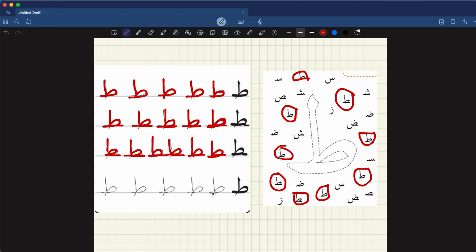At the end of the word, it's like at the beginning of a word, from this point upward, and after that downward, and after that to the left.